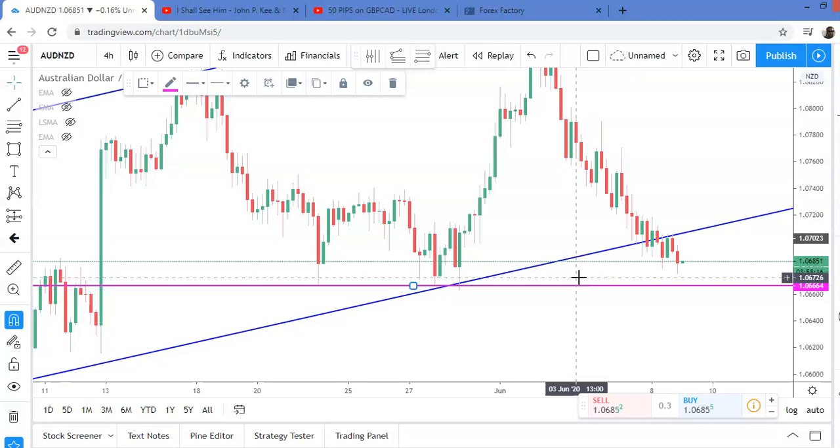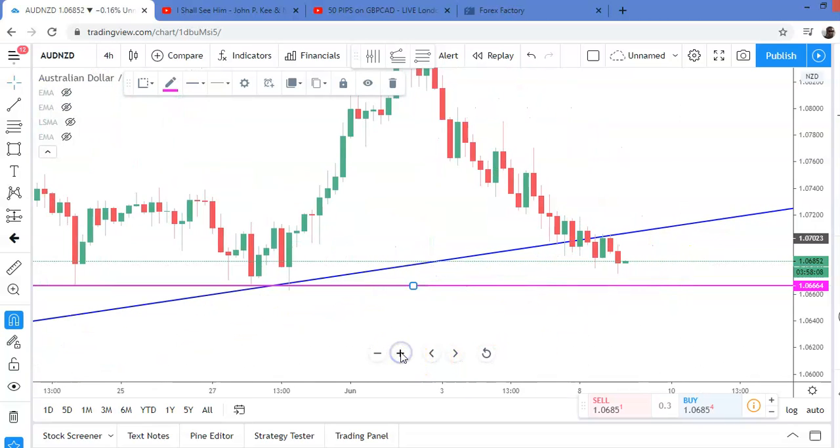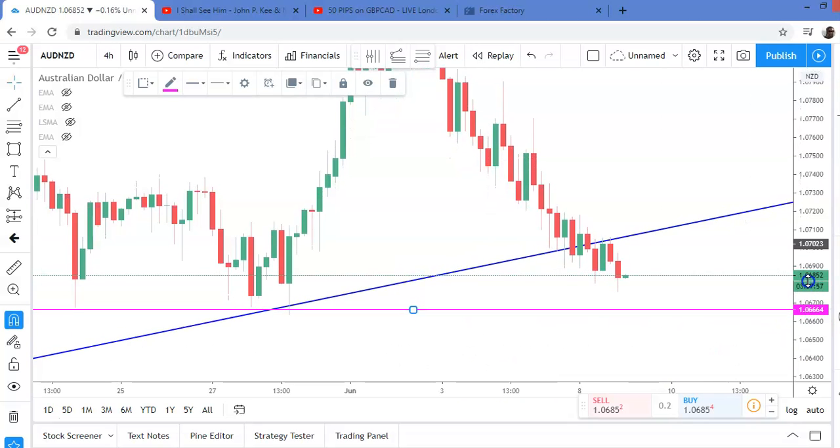The higher time frames are the absolute best, and you enter in on lower time frames, but I'll show you that anyway. So again, we see that it broke here, retest, and it kind of looks like it's coming up, but we would go in a little further to see what else is going on.